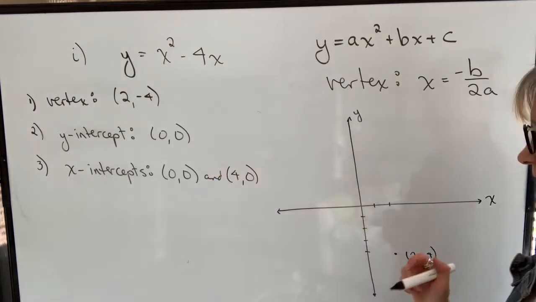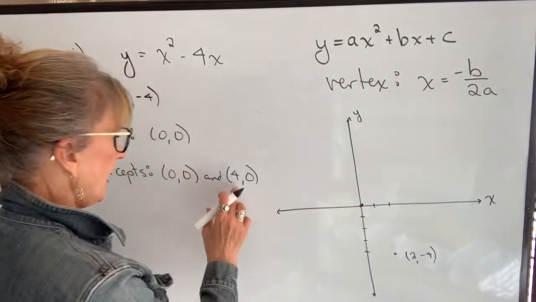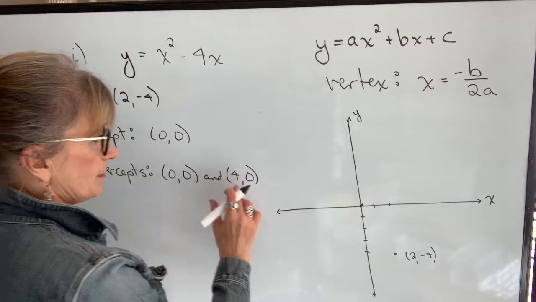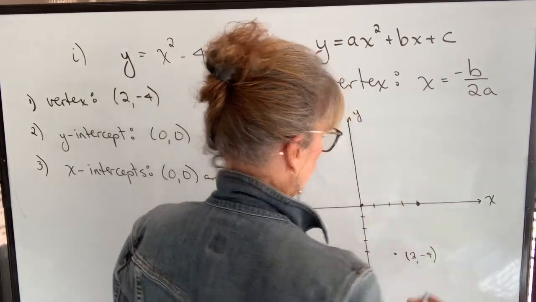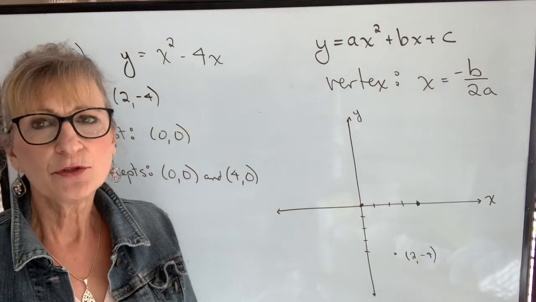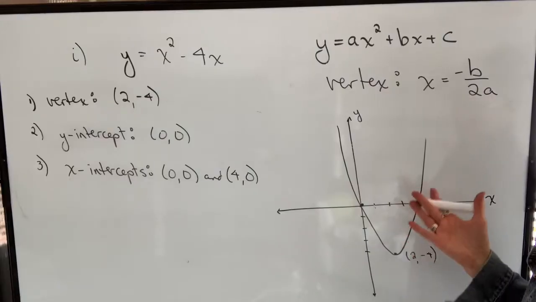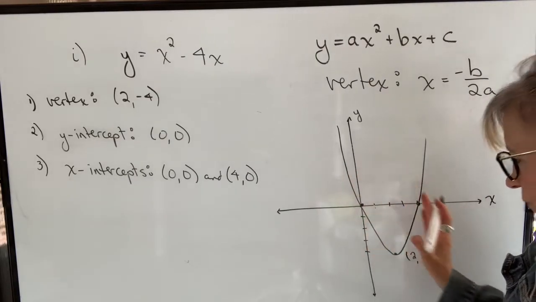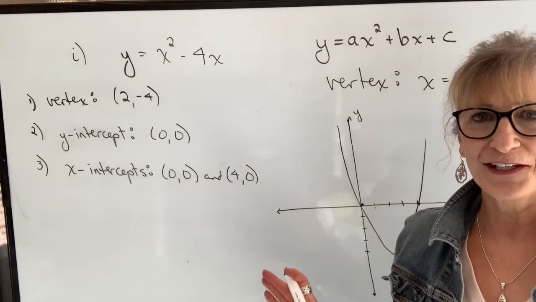I have a y-intercept of (0, 0), which also is an x-intercept. And I have an x-intercept of (4, 0). So now that you've got those points, you have a fairly good idea of what your graph is going to look like. It's not perfect. I don't have the symmetry that I'd like to have, but I hope you get the idea.